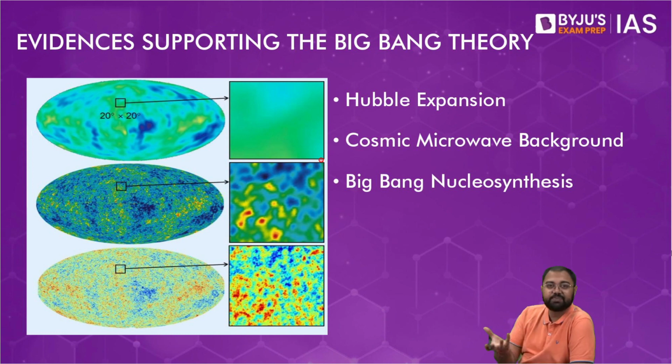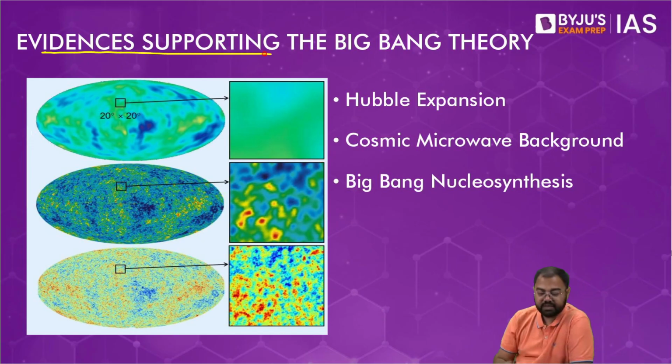It's not just based on a hypothesis that there are multiple universes and we are just a part of one of those universes. It's not based on some assumptions. Whatever this theory said, all those things were proved to be correct. So that's why there are evidences that support the Big Bang theory.